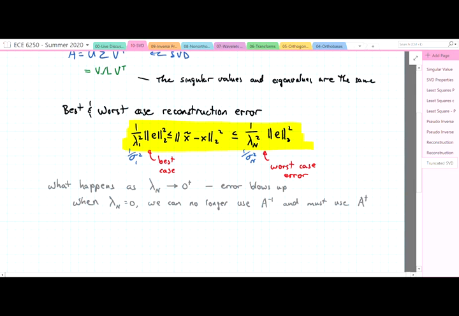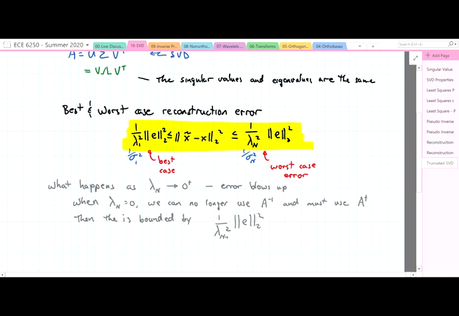So the pseudo-inverse is going to essentially then, the error is bounded by 1 over lambda n minus 1 squared.